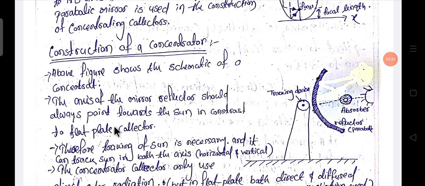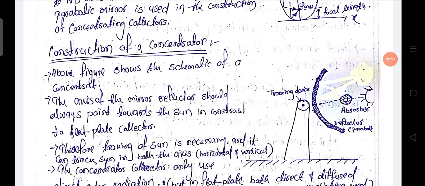Acha. That means in a flat plate collector, what happened? The sun is not always in the axis of the flat plate collector. The sun can be at an angle to that flat plate axis, so the flat plate cannot get the maximum amount of heat.